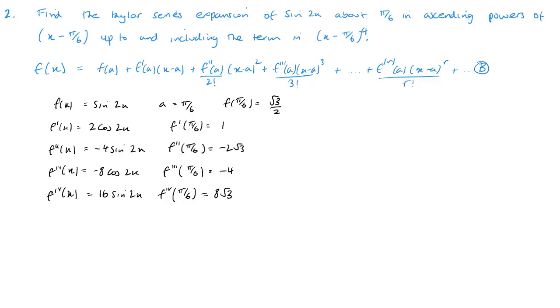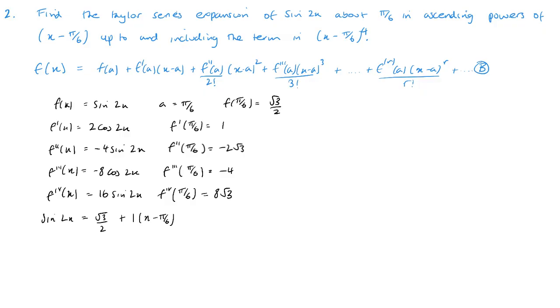So now we need to use this expansion. So we've got sine 2x, and that's going to be the first one, root 3 over 2 plus 1 times x minus pi by 6.